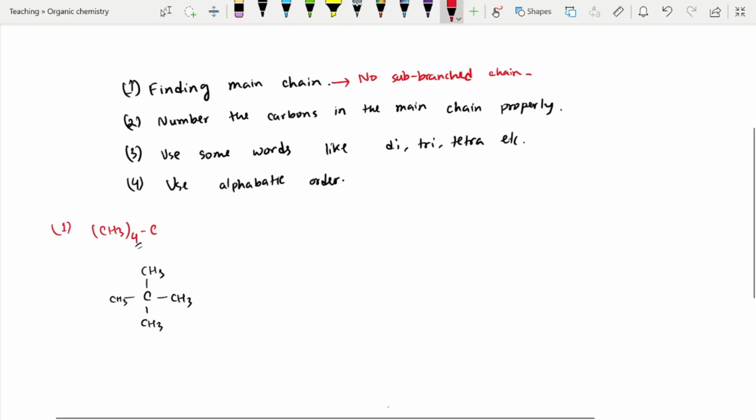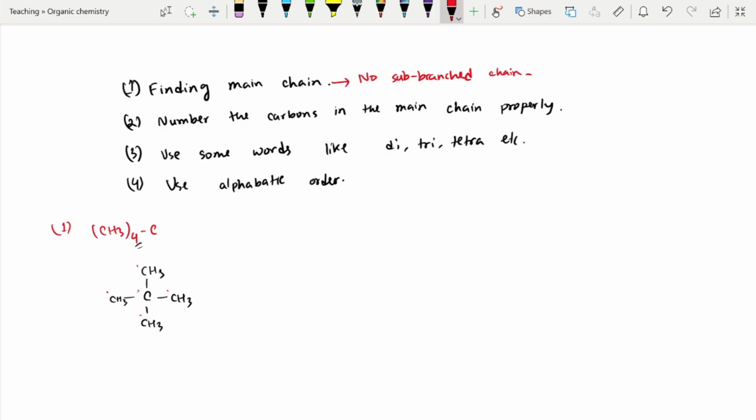So let's count 1, 2, 3, and from top to bottom, 1, 2, 3. The maximum number of carbons in a single chain is 3, right?